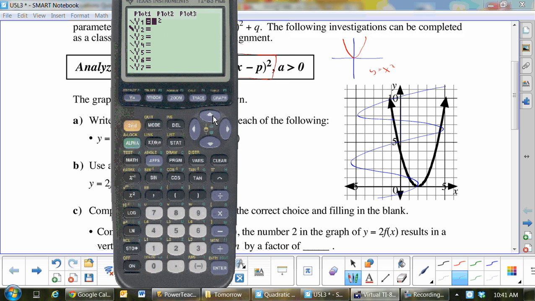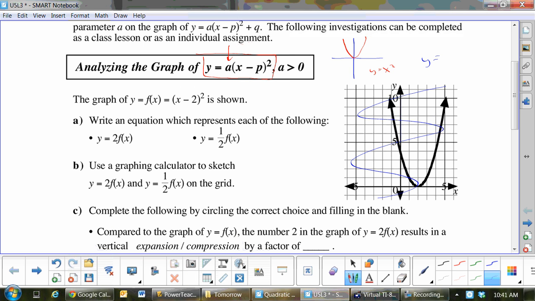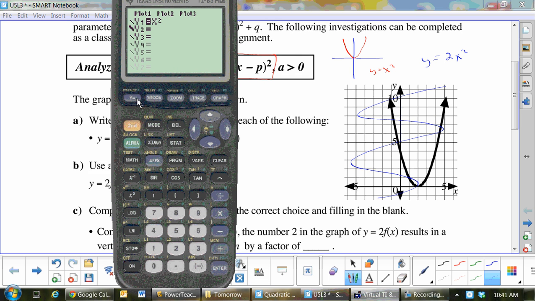Okay, so in y1 you have y equals x squared. Now, what I'd like you to do now is graph y equals 2x squared. So in y2, with the thick line, go 2x squared.